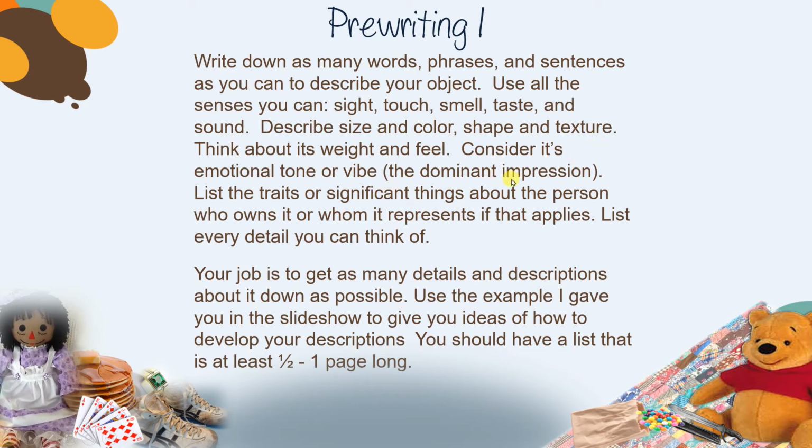Consider its emotional tone or vibe, the dominant impression. List the traits or significant things about the person who owns it or who it represents, if that applies. Every detail you can think of. Your job is to get as many details and descriptions about it down as possible. Use the example I gave in the slideshow here to give you ideas how to develop your descriptions. You should have a list that is at least 1 to 1.5 pages long.